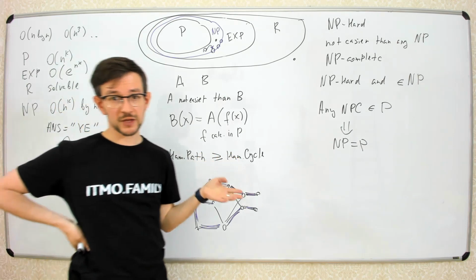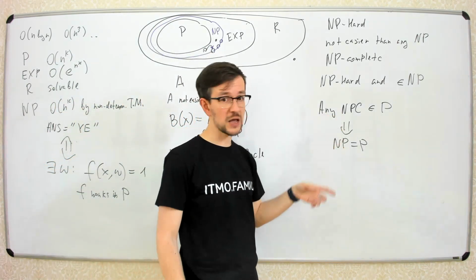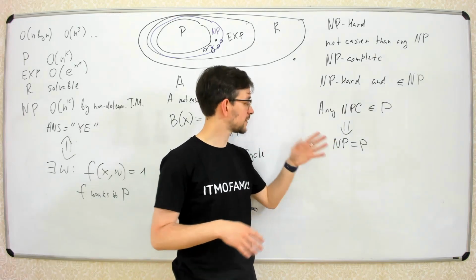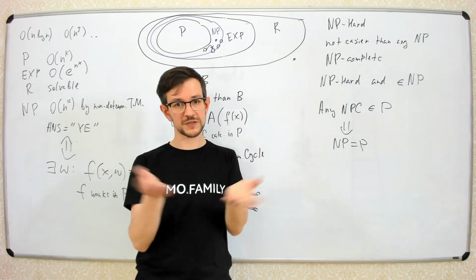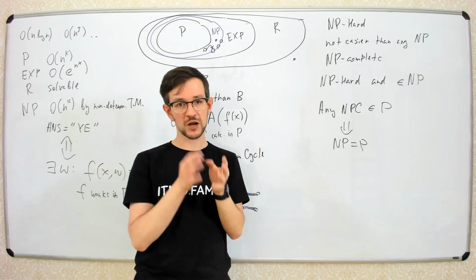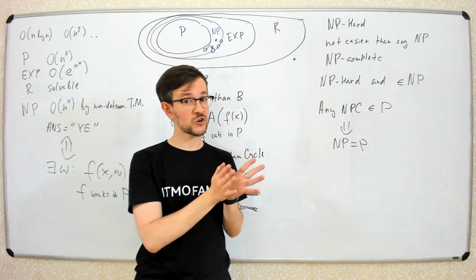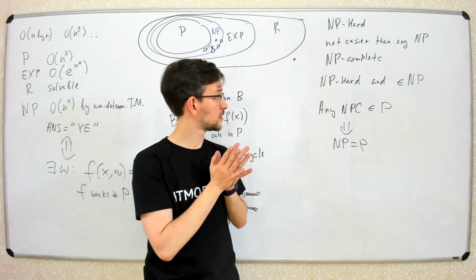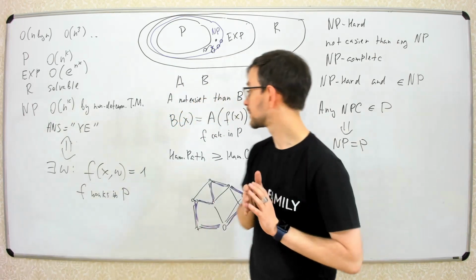That's why people actually think that it's impossible. What does it mean if NP equals P? It means that if you can check the solution in polynomial time, you actually can find the solution in polynomial time. It kind of looks strange. Yeah? It doesn't mean it's false. Maybe it's true. Nobody knows.